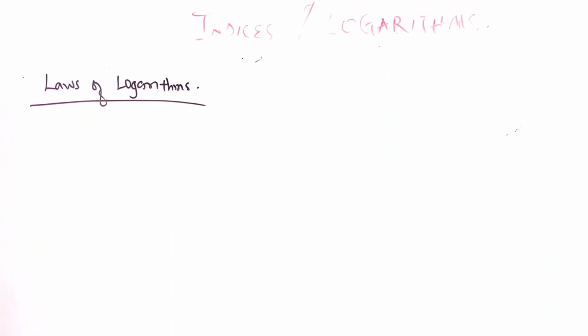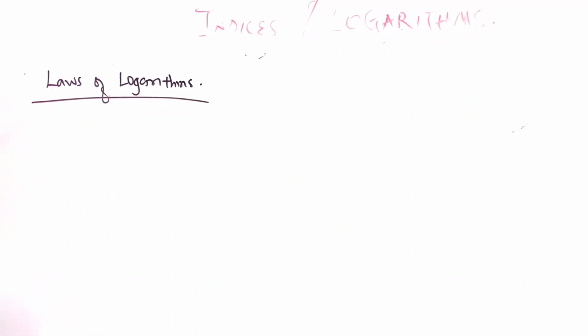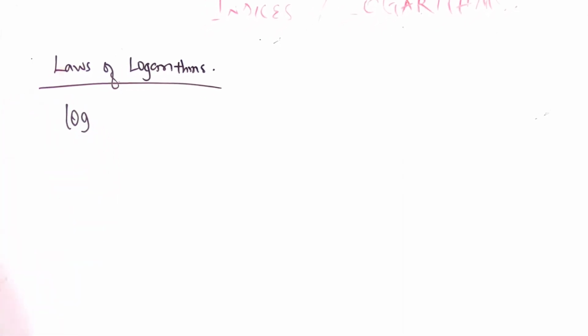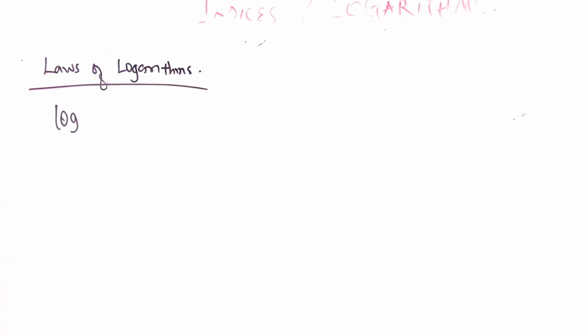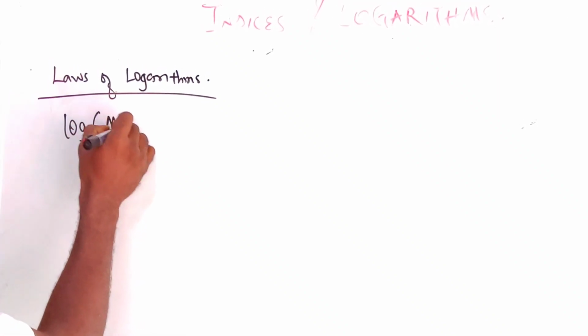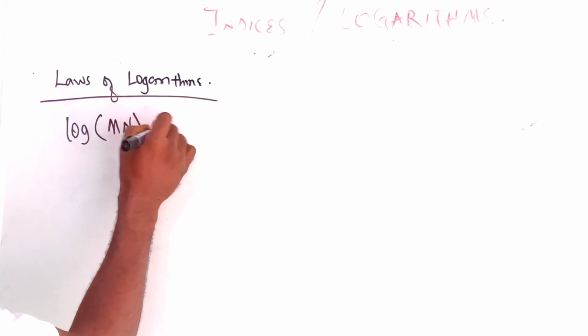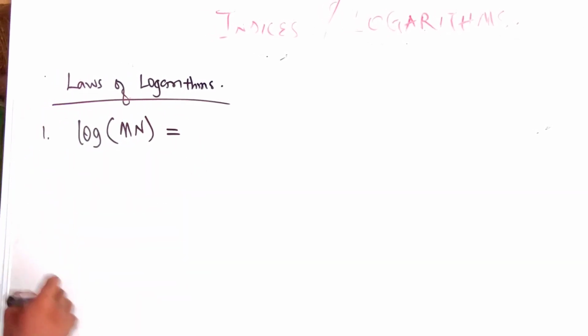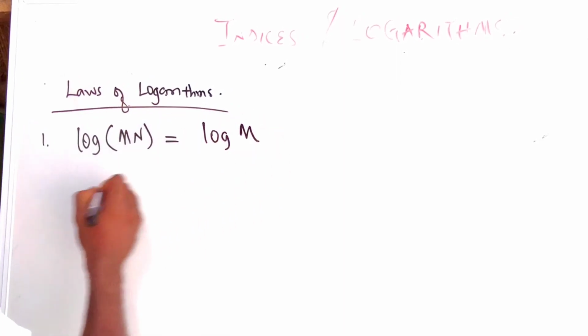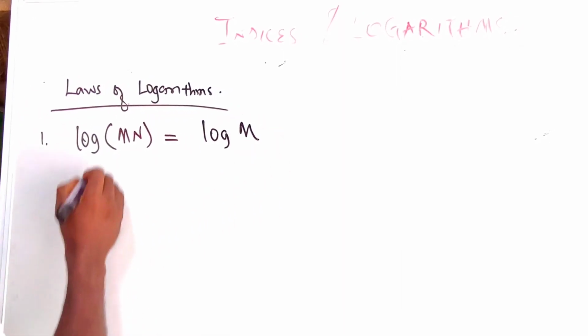So first law, okay. If you have log mn, you have log m and n. Now, note, you must always have a base.